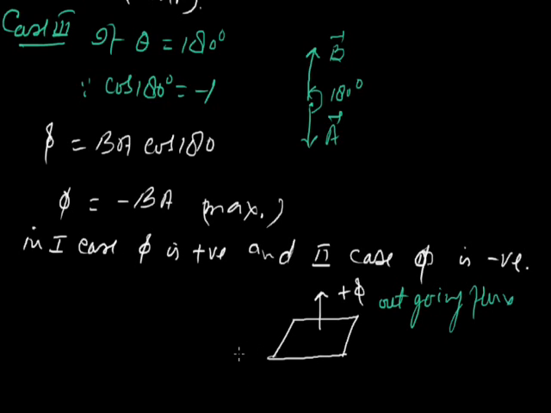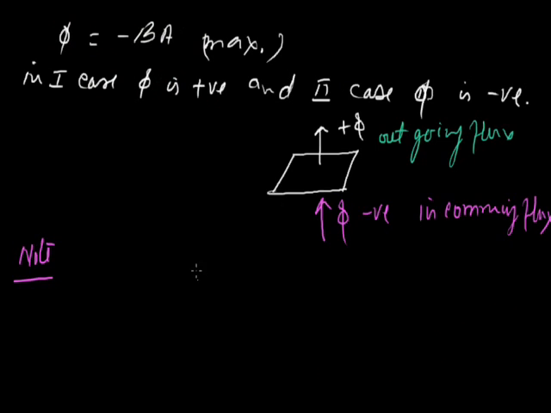But the flux entering the surface in this way is phi negative, incoming flux. A magnet is placed in a closed surface. This one is the north pole and this one is the south pole. Magnetic lines of force begin in such a way.